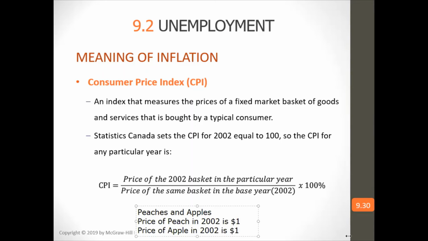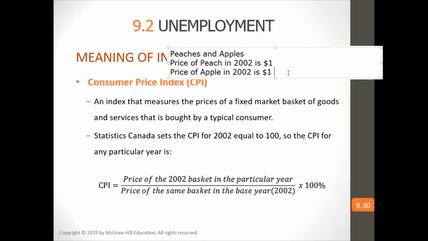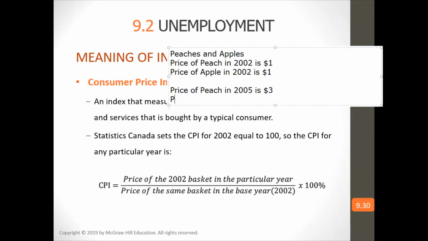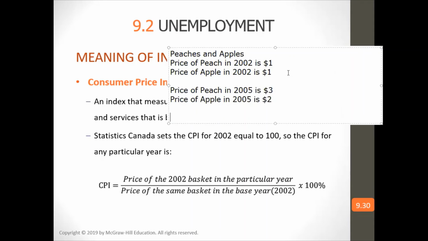And then the price of a peach in 2005 is $3. The price of an apple in 2005 is $2, let's say. There are 3 peaches and 3 apples.